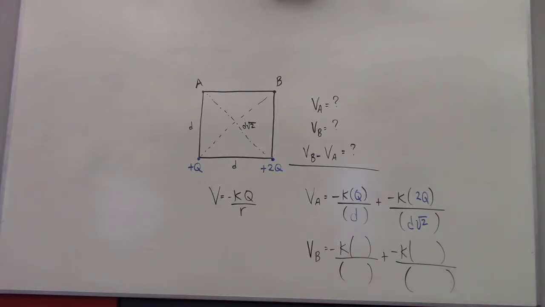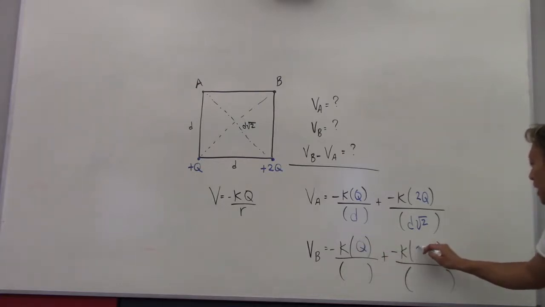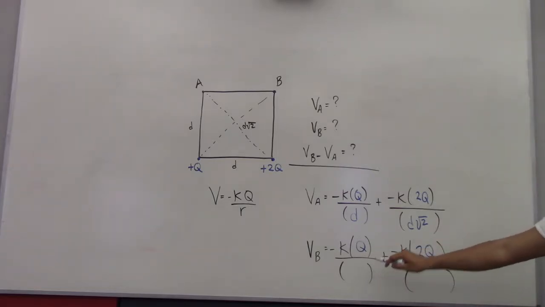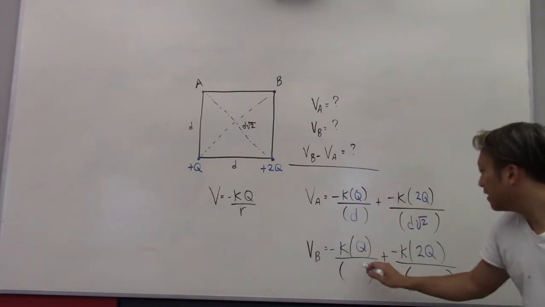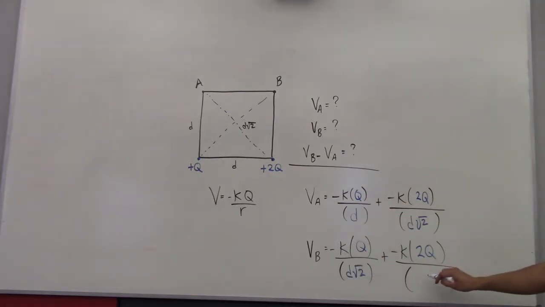That's the answer for the voltage at A. For B, again, it's the sum of Q and 2Q, but we've got to look at the corresponding distances. So for B here we have D root 2, and then this time the 2Q charge is going to be a distance D away.